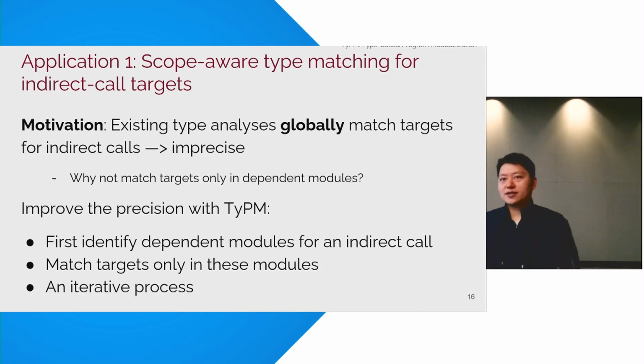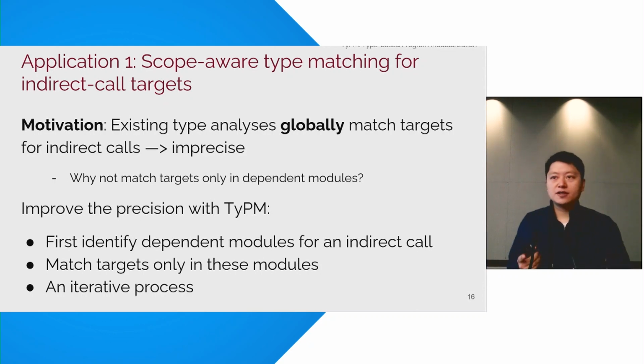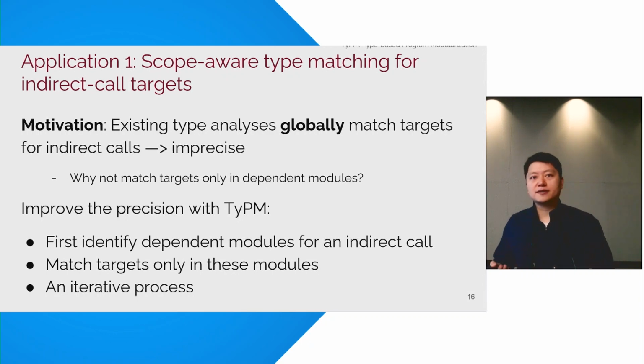We have two interesting applications of typing. First, we use typing to resolve individual call targets. The motivation is that existing solutions use type-based analysis to globally match targets of individual calls.